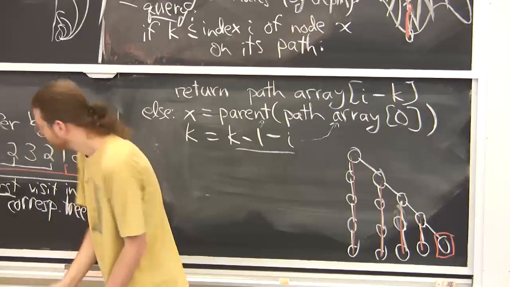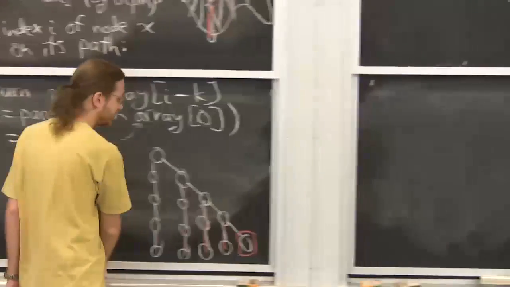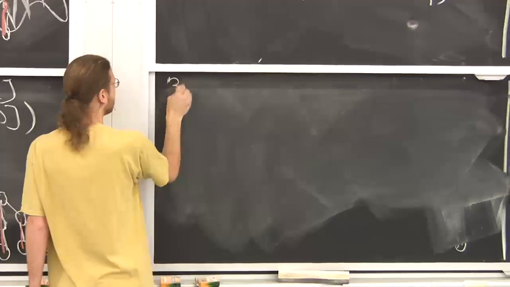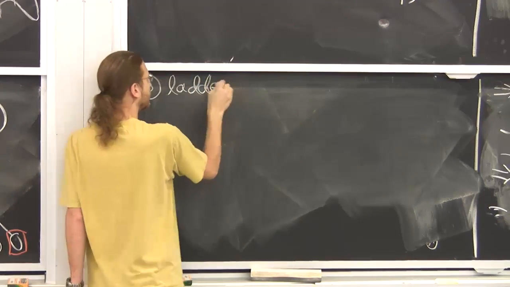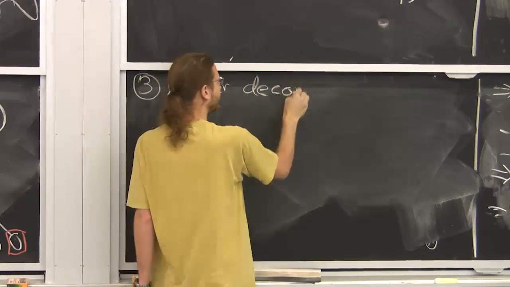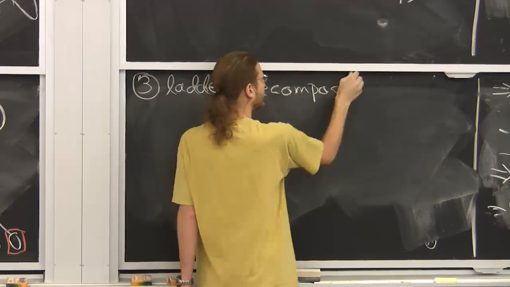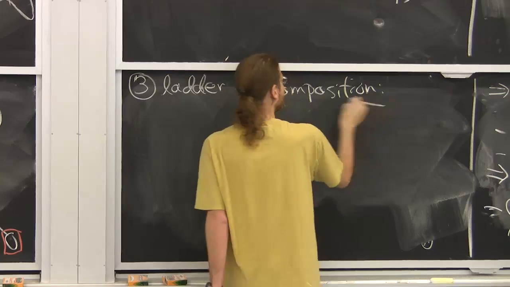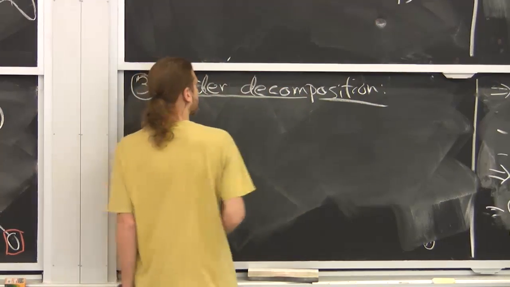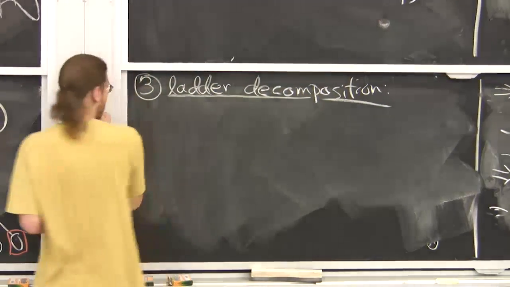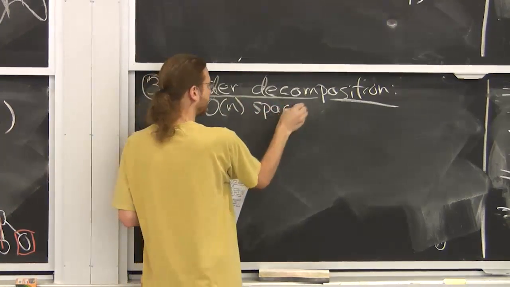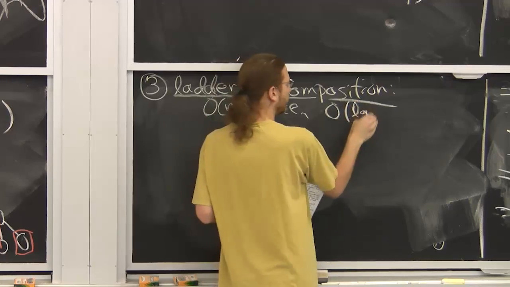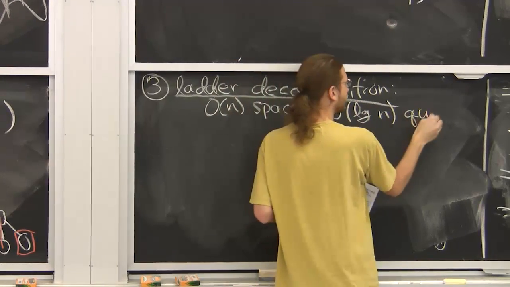Makings of step 3, which is called ladder decomposition. Ladder decomposition is something I haven't really seen anywhere else. I think it comes from the parallel algorithms world in general. And now we're going to achieve linear space, log n query.